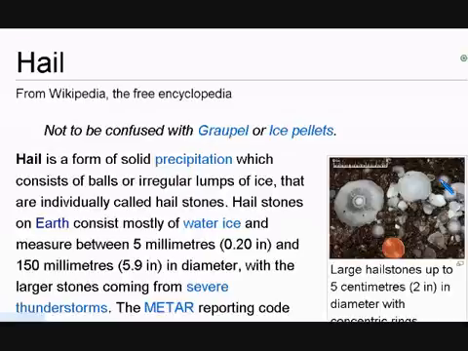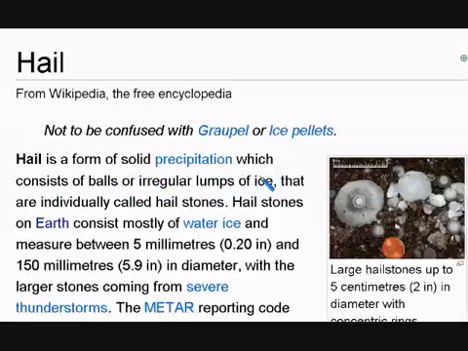There's another ball of ice. But here is more like a lump. It's shaped kind of different. Here's another lump, shaped kind of different. So these are lumps of ice, these are balls of ice, and all of these are considered hail. So hail is a form of solid precipitation which consists of balls or irregular lumps of ice.